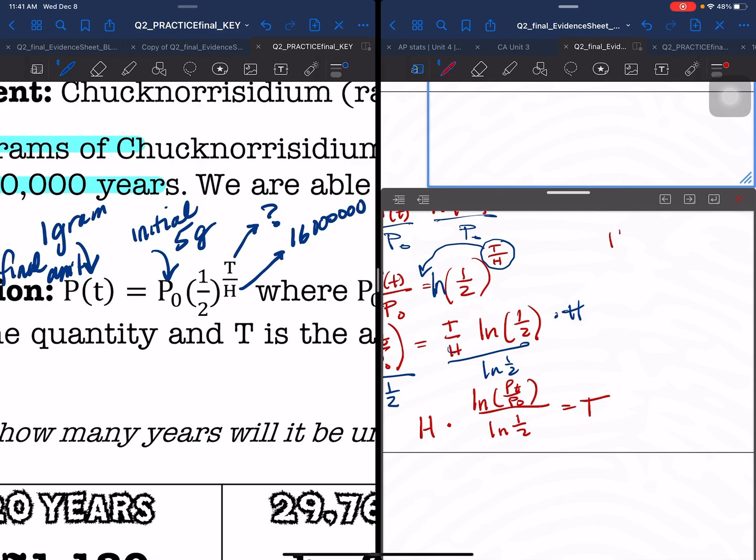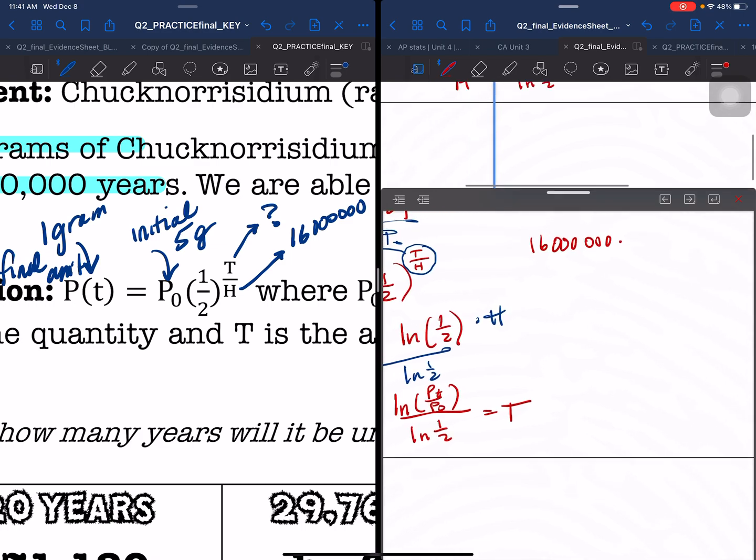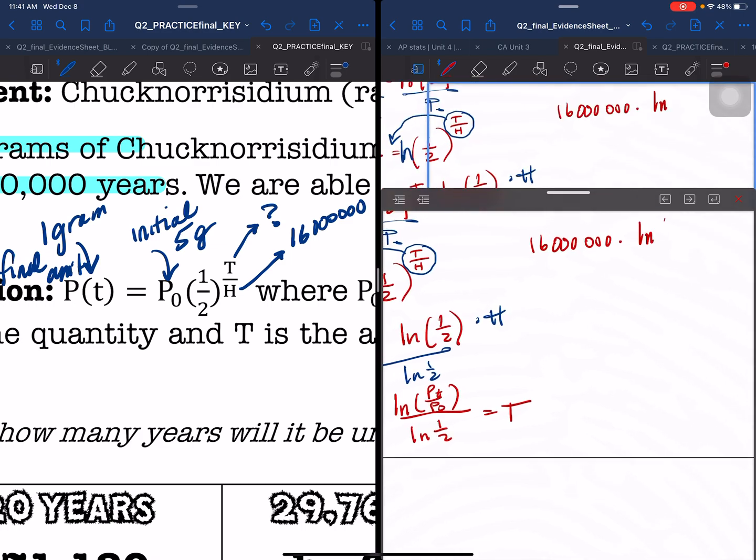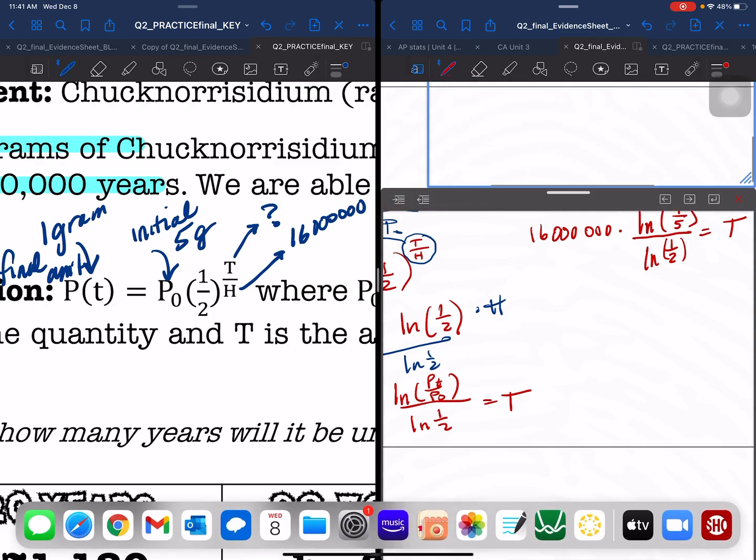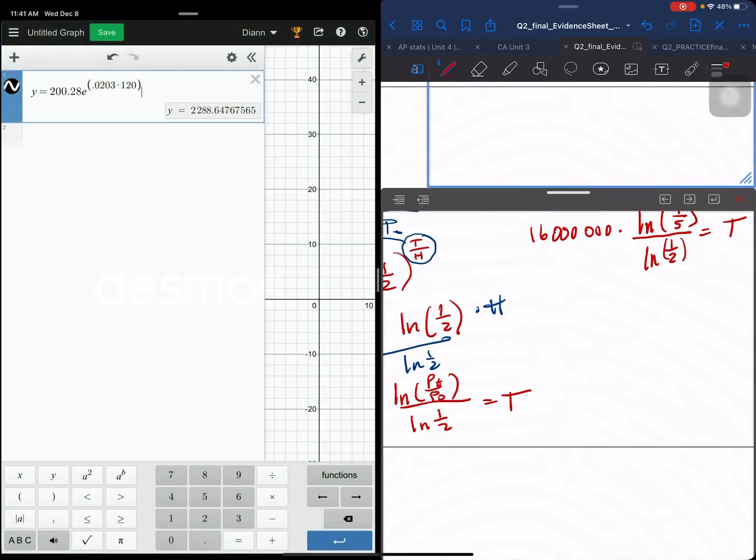The half-life was 16 million years. Multiply that by the natural log of the final amount divided by the initial amount, over the natural log of 1/2, equals t. All right, let's put this into Desmos and see what we get.